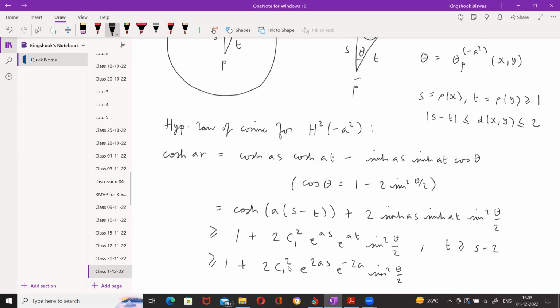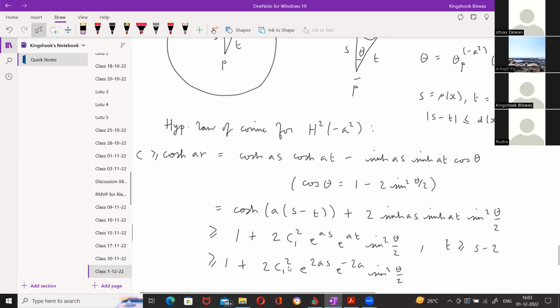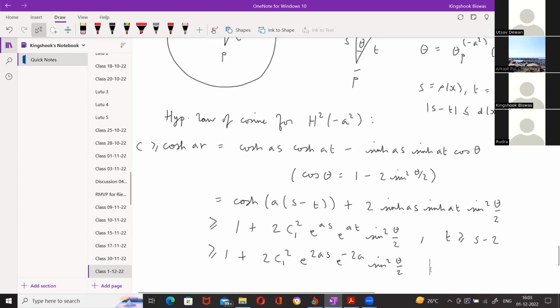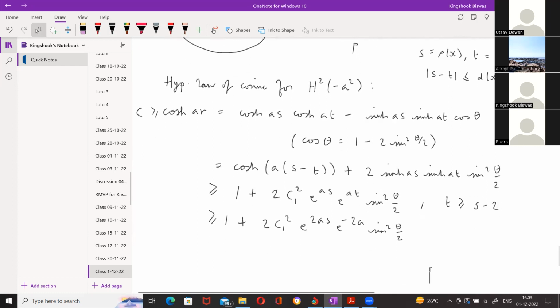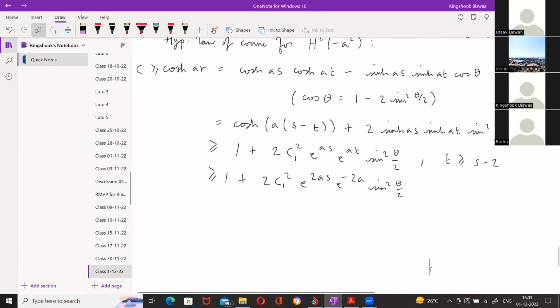And r here is less than or equal to 2. This distance xy, this is r, so this is less than a constant c. So for S large, this means that theta is less than some constant times e to the minus AS.